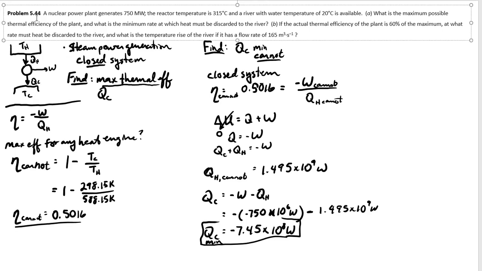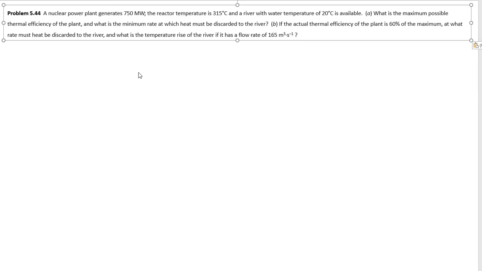All right. So now let's look at the second part of the problem. It says if the actual thermal efficiency of the plant is 60% of the maximum, at what rate must heat be discarded to the river?